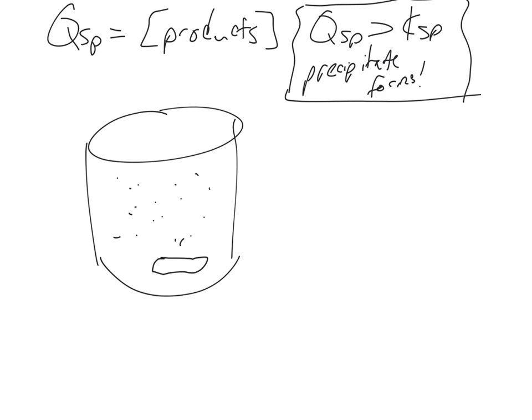So let's not go crazy thinking about this. Just stick to: if Q is bigger than K, that means we'll get the precipitate to form. If Q is lower than K, then we just don't have as many ions as we need in the solution to actually force a precipitate to form.